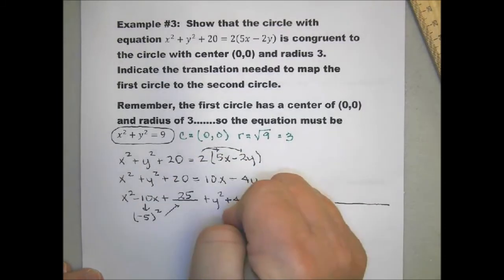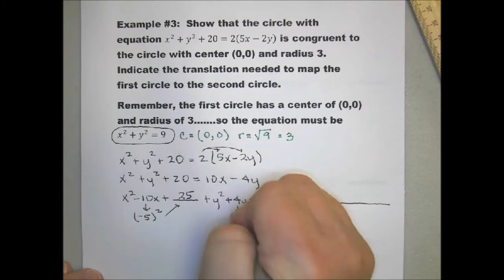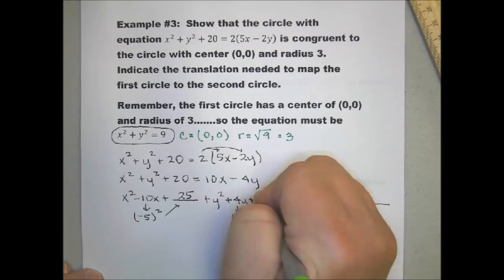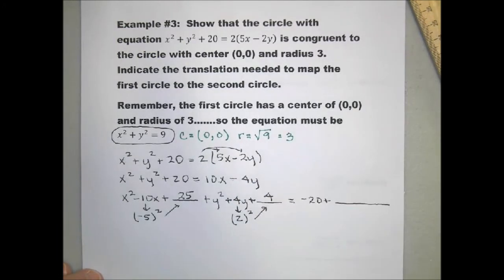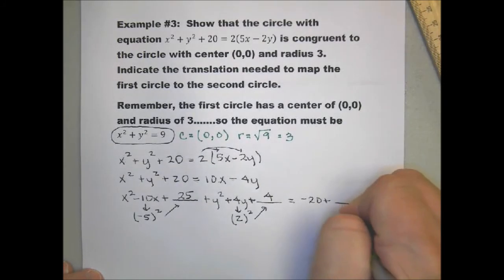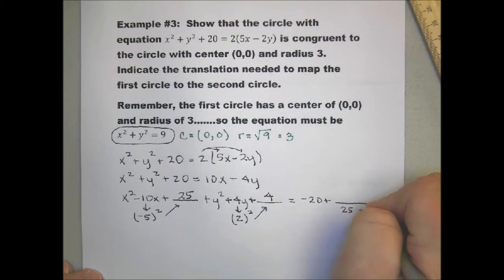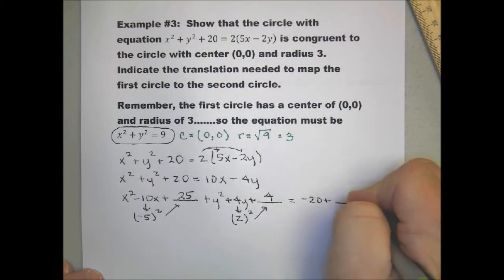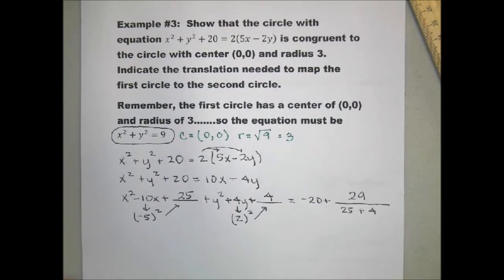Half of positive 4 is 2, and square it, and you get positive 4. Now, to keep the equation balanced, I've added 25 and 4, so I'm actually adding 29.